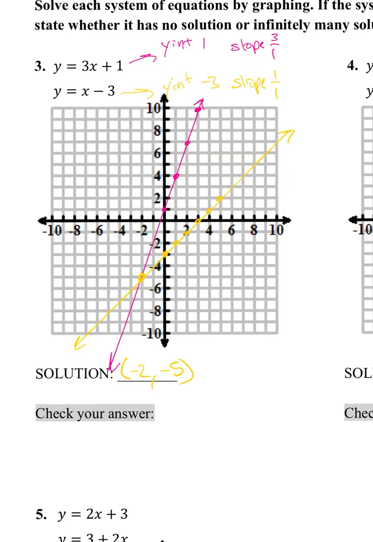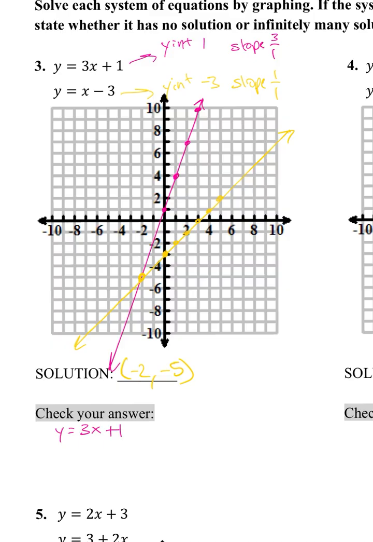So the first equation is y equals 3x plus 1. Actually, let me erase that and use the other color. So y equals 3x plus 1, and let's substitute our values in.